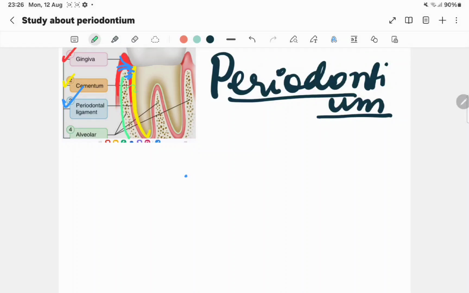This is the part of your bone which contains the tooth. So your periodontium consists of four things. First is your gingiva, second is the cementum, third is the periodontal ligament, and fourth is your alveolar bone.